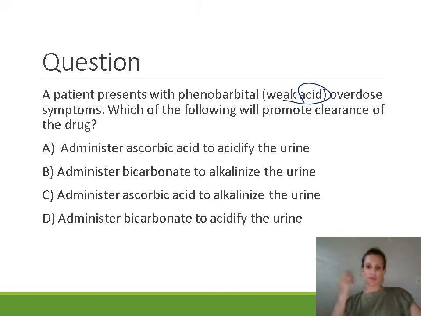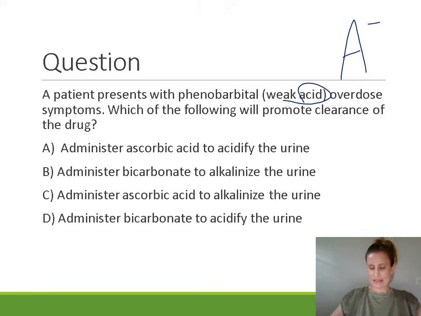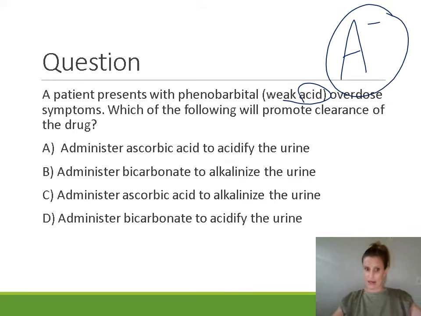So this drug is a weak acid. Weak acids, we said, are better eliminated if we alkalinize the urine. We need to make the urine more basic in order for that weak acid to be cleared. When we alkalinize the urine, then remember our acid will be like this. It'll be an anion.